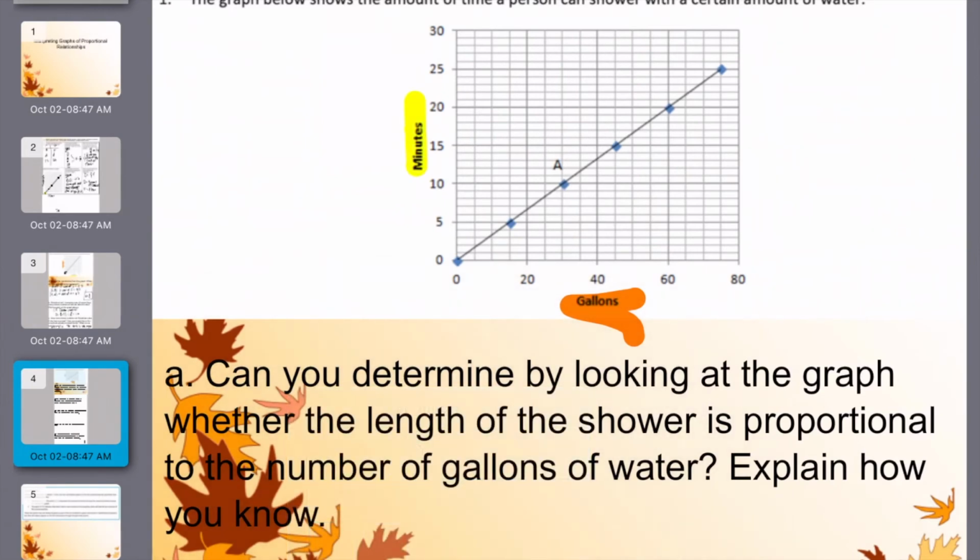So can you determine by looking at the graph whether the length of the shower is proportional to the number of gallons of water? Explain how you know. Well, in this case, yes, I know it's proportional. Yes, because it's a straight line and goes through 0, 0.